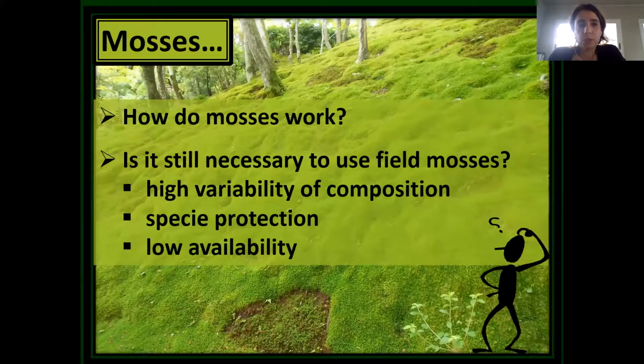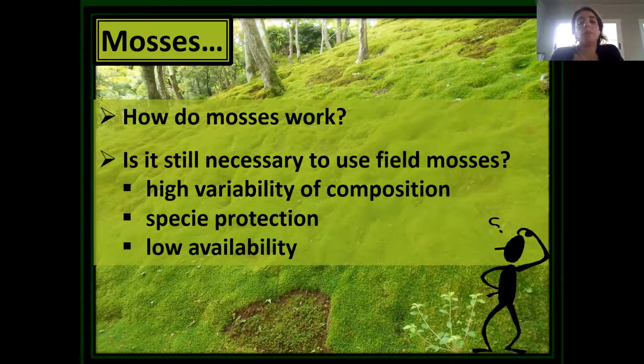But other questions are related to the use of MOSes. When we use MOS, how they work, how the MOS surface can catch the pollutants. And another big question, is it still necessary to use MOSes collected from nature?